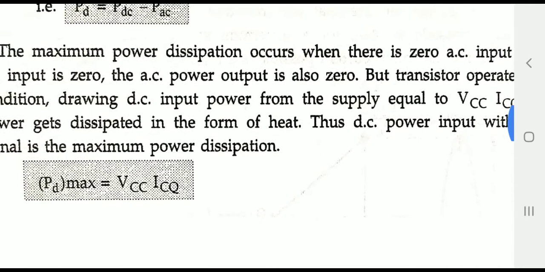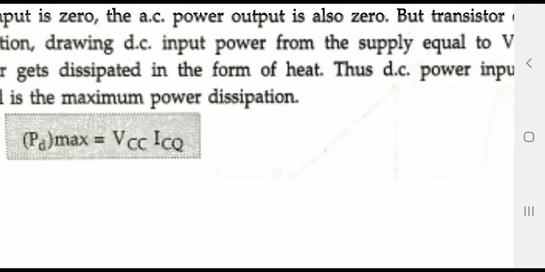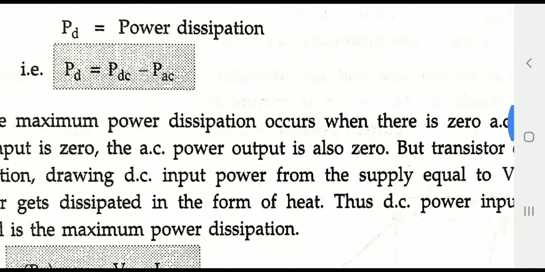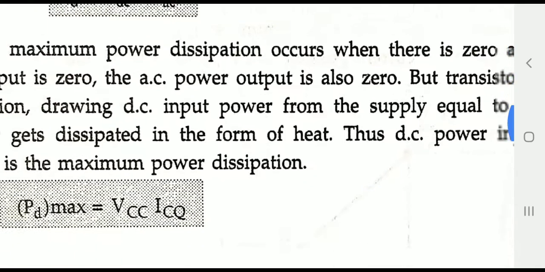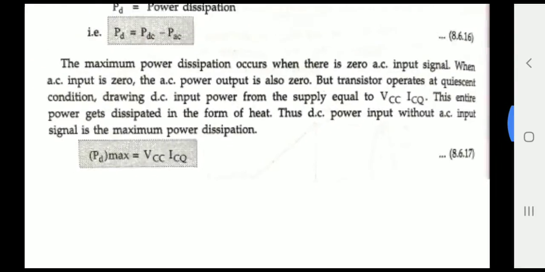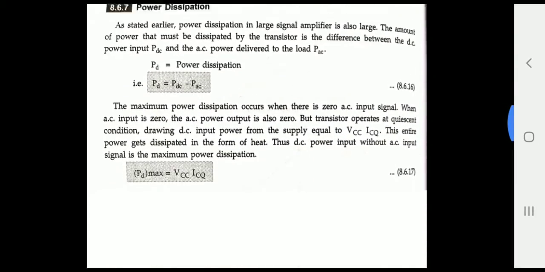If I want maximum power dissipation, I have to assume that the AC output power is 0, meaning no sinusoidal input signal is applied. So PAC becomes 0. Now PD max becomes PDC, that is VCC into ICQ. So this is about the power dissipation.